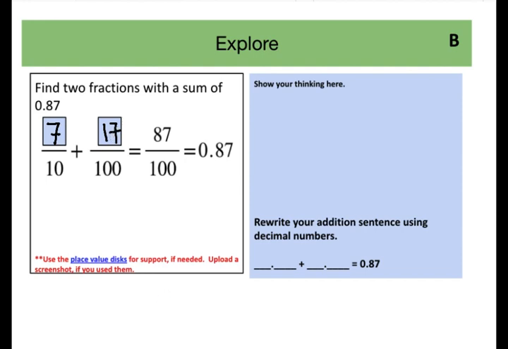Then I could also take another tenth away and add 10 more to this 17. Then we get 27. Are you noticing that 7's not moving? Yeah, I noticed that too. Interesting. We're going to explore this a little more in the next few slides.